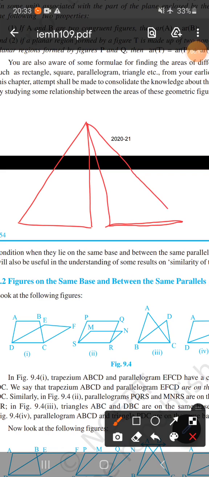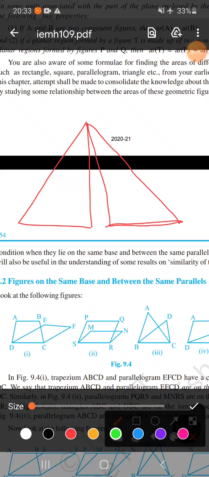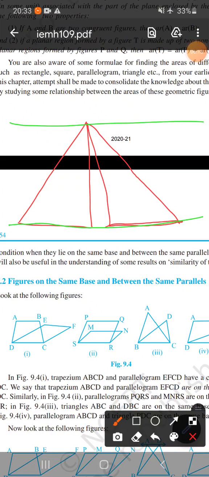This and this, if I say that these are our parallel lines, we can say that these two triangles are lying between the same parallel lines, but they are not sharing the common base. So this is the meaning of a polygon lying under the same base and between the same parallels.